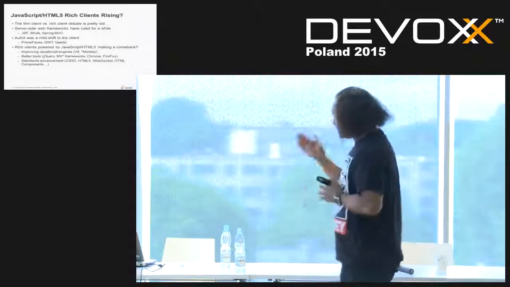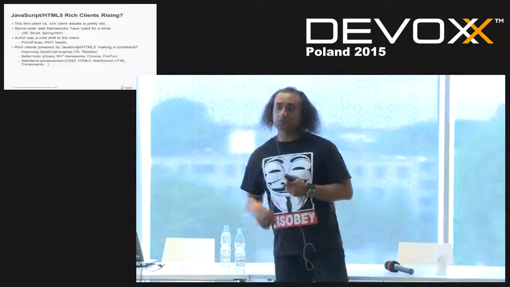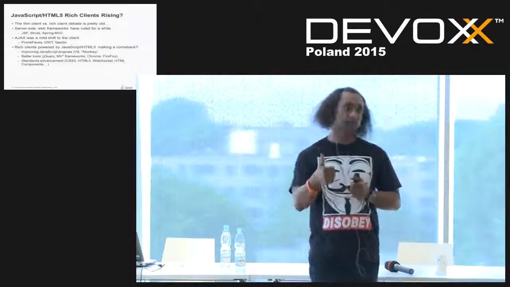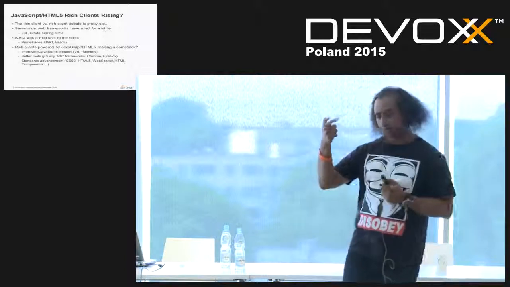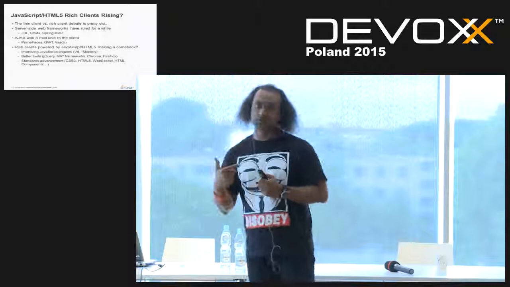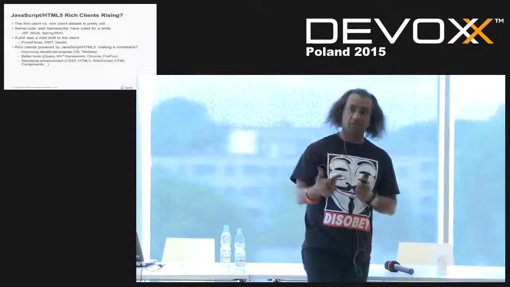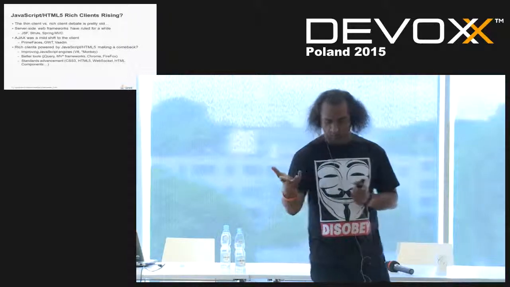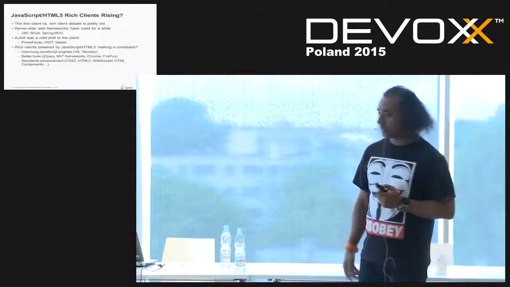Okay? Lastly, the other very important thing that has happened is better development tools on the browser. So let's think about, again, back to the Java world for a second. If you're a Java developer, you don't just get an IDE or a text pad. You get much more than that.